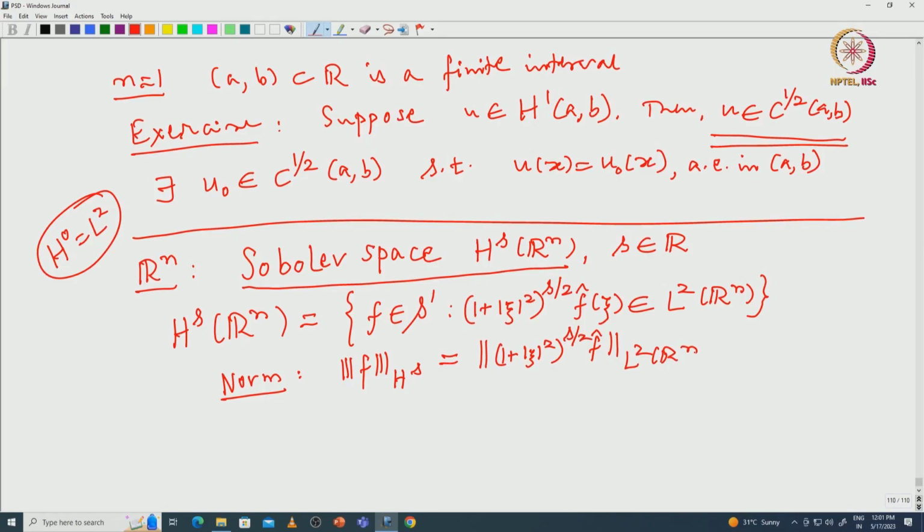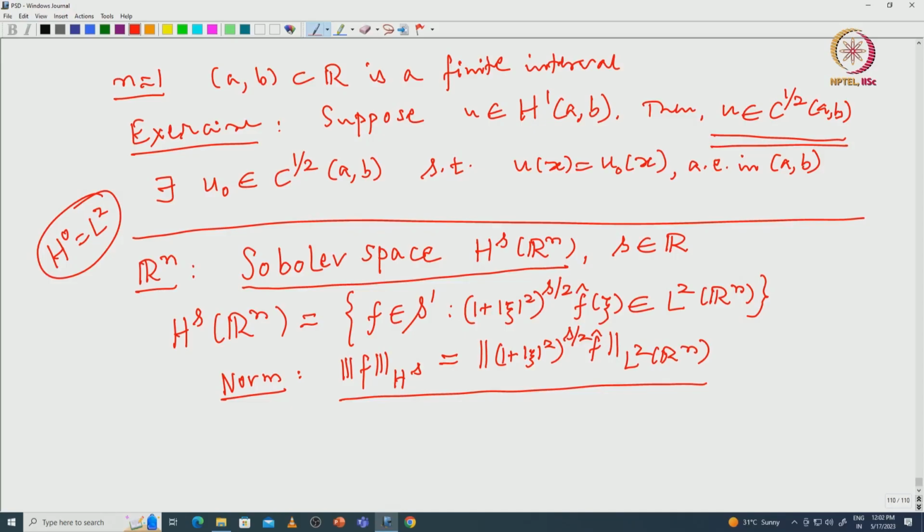Yeah, that is fine. You can verify that in fact it is a Hilbert space. You use the L2 inner product for these things, so everything is fine.